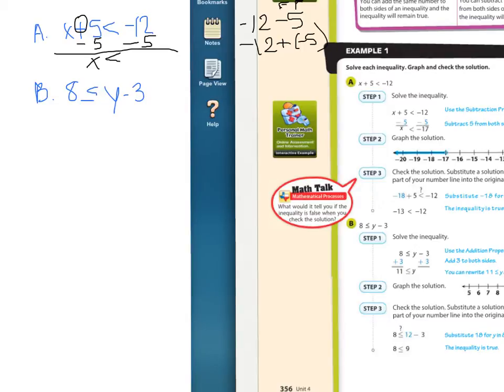And so you have negative 12 and negative 5. You have 12 negatives and 5 negatives. That gives you 17 negatives. Or if you are at negative 12 on the number line and you go back 5, like you get smaller 5, you end up at negative 17. Okay, let's look at the number line for graphing this. x is less than negative 17.